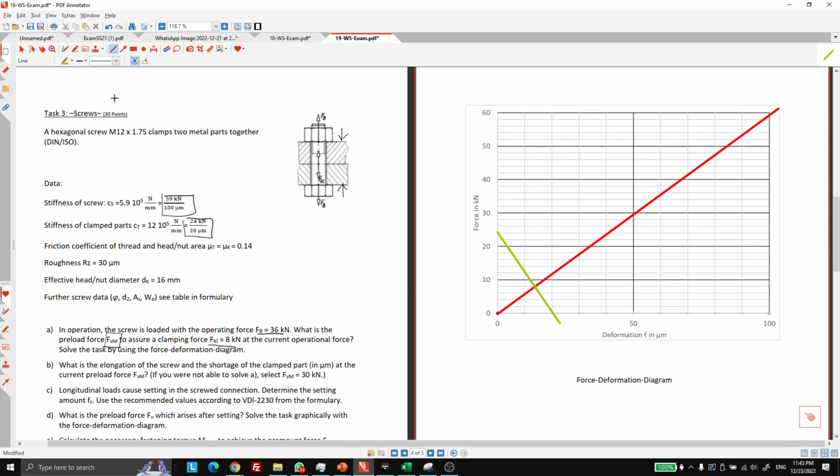And I have to draw my FKL. I will use black dotted. So 8 is around here, so this is my FKL. And my FB is 36, so 36 is around here.